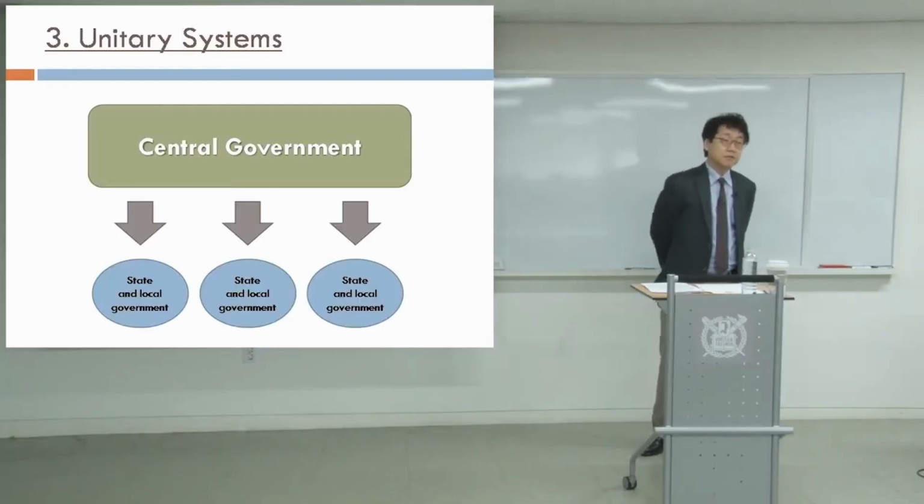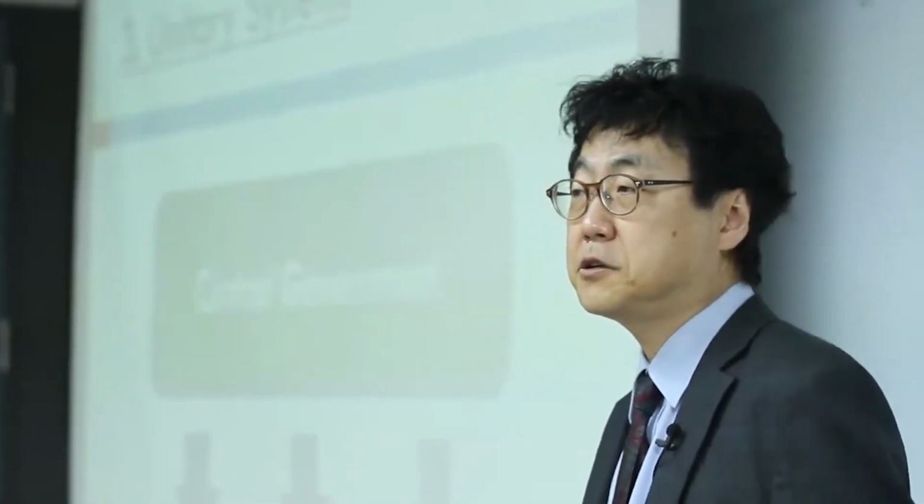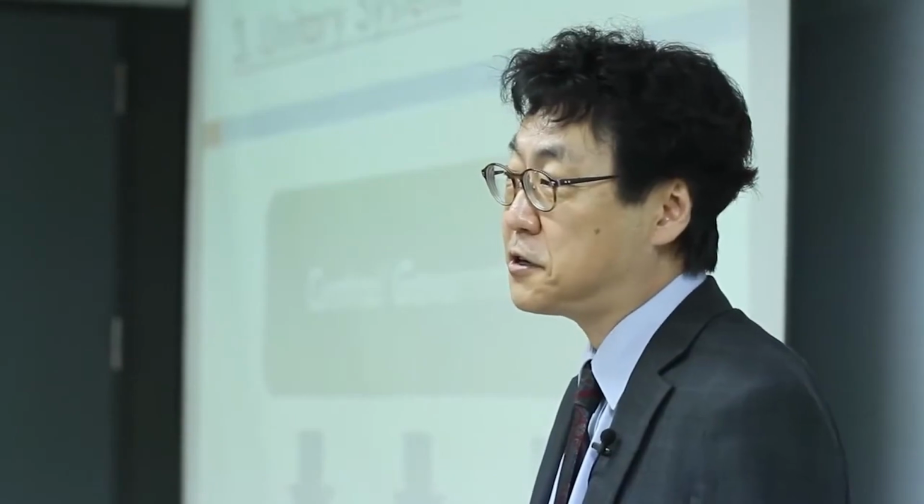So there are three different types as far as geographic concentration of power is concerned. Confederal, which doesn't really exist anymore, federal, and unitary. So what is your gut feeling as far as the number of unitary systems is concerned? Do we have more unitary systems or federal systems in the world nowadays?